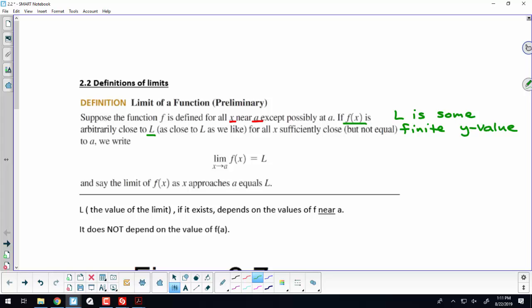The terms arbitrarily close and sufficiently close, but we don't make that precise until the end of chapter 2. So just visualize that the y values are like honing in onto this finite number that we're calling L for all x values that are super, super close to A, but not equal to A.